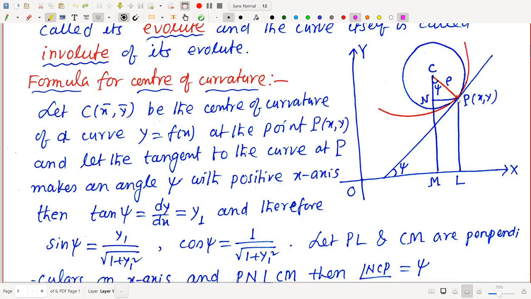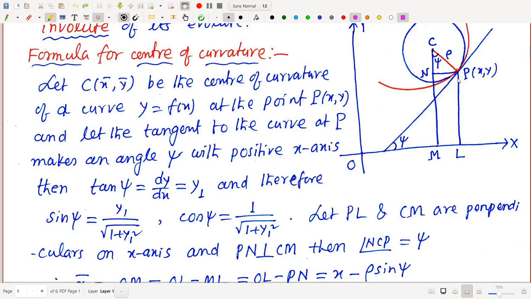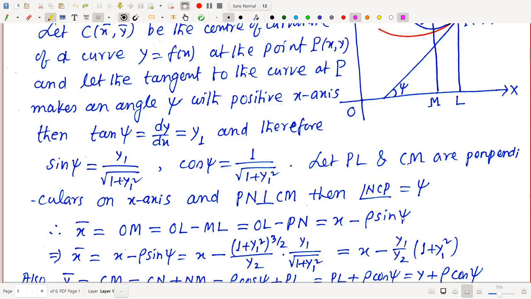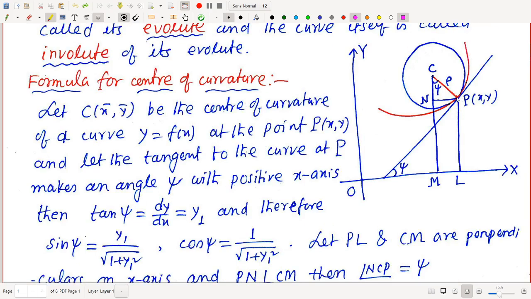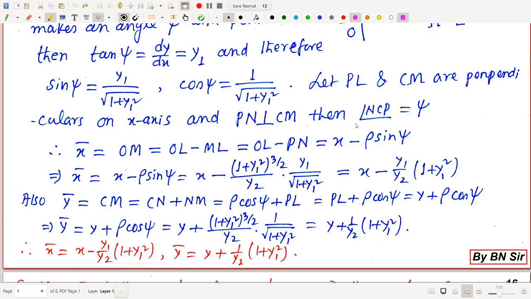Now what is PN? PN by CP will be sin psi, so PN is equal to CP sin psi. CP is rho, the radius of curvature. So x bar is x minus rho sin psi.